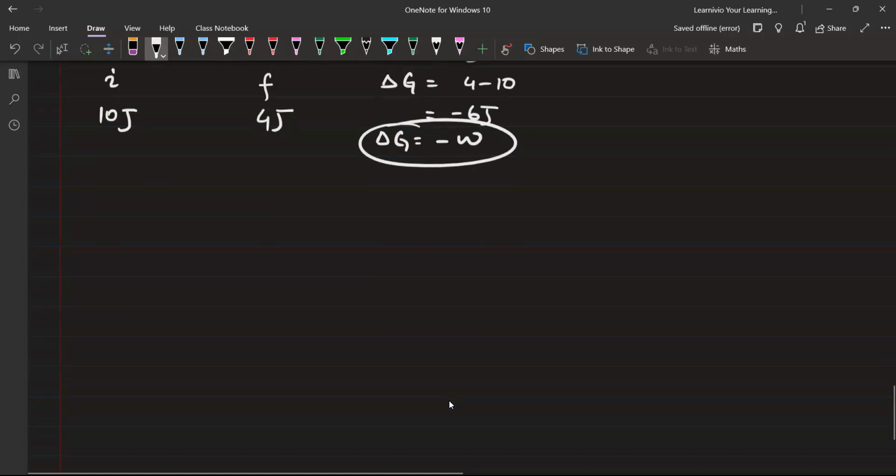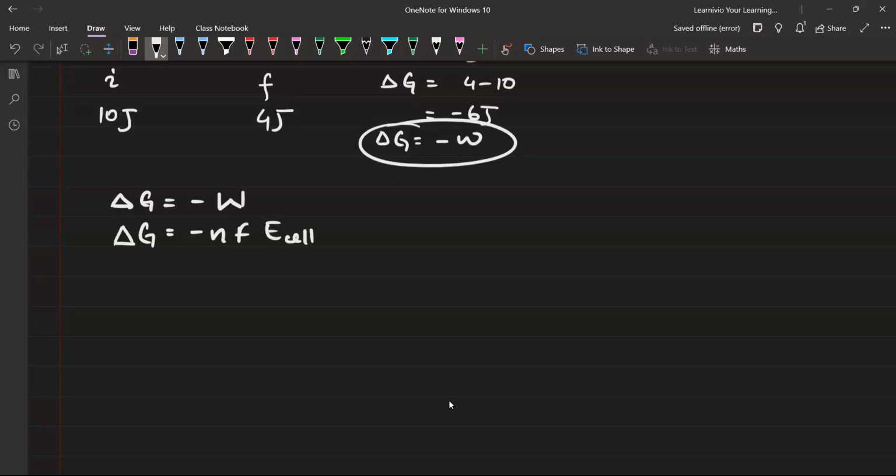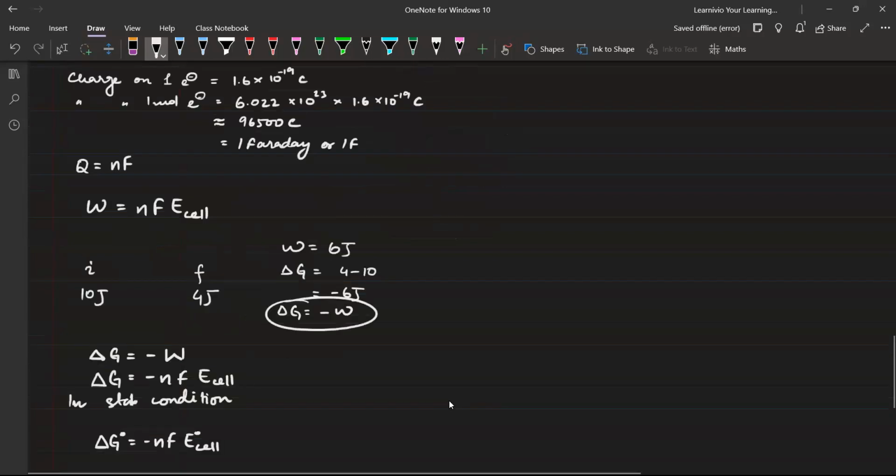You can write delta G as the negative of work done, so delta G is equal to minus nFE cell. And in standard condition, delta G naught is equal to minus nFE naught cell. Please copy this down.